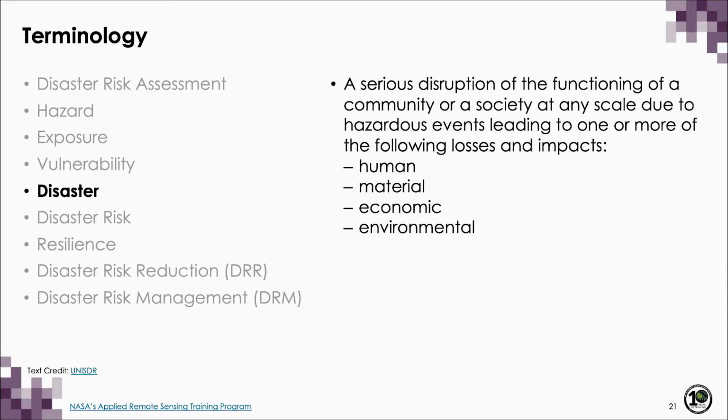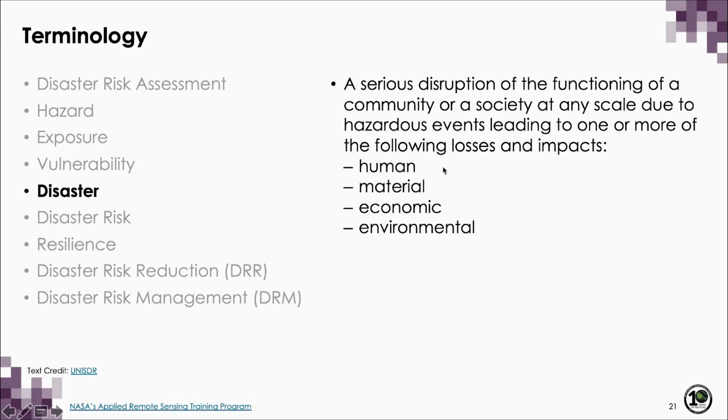So that brings us to again talking about disaster. So we talked about hazard, and now we're talking about disaster. So a hazard is, as we talked about, could be of natural origin or human induced origin. But here, disaster is a serious disruption of the functioning of a community or a society at any scale due to hazardous events leading to one or more of the following losses and impacts.